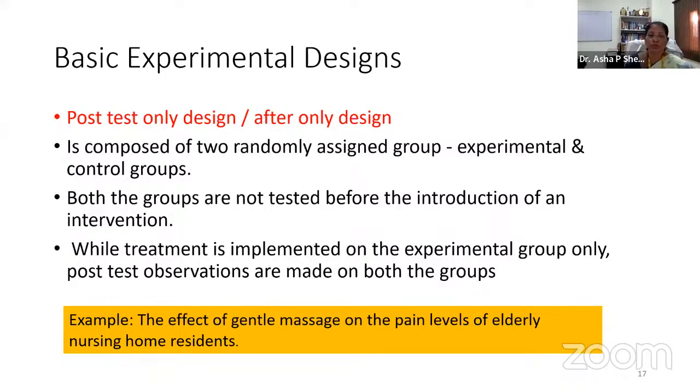While treatment is implemented on the experimental group only, the observation after the intervention is done on both groups. We can use this where there is no possibility of doing a pre-test before the intervention; this type of design will be more suitable. For example, the effect of gentle massage on the pain levels of elderly nursing home residents. We can have 2 groups and assign them to the control group and the experimental group.